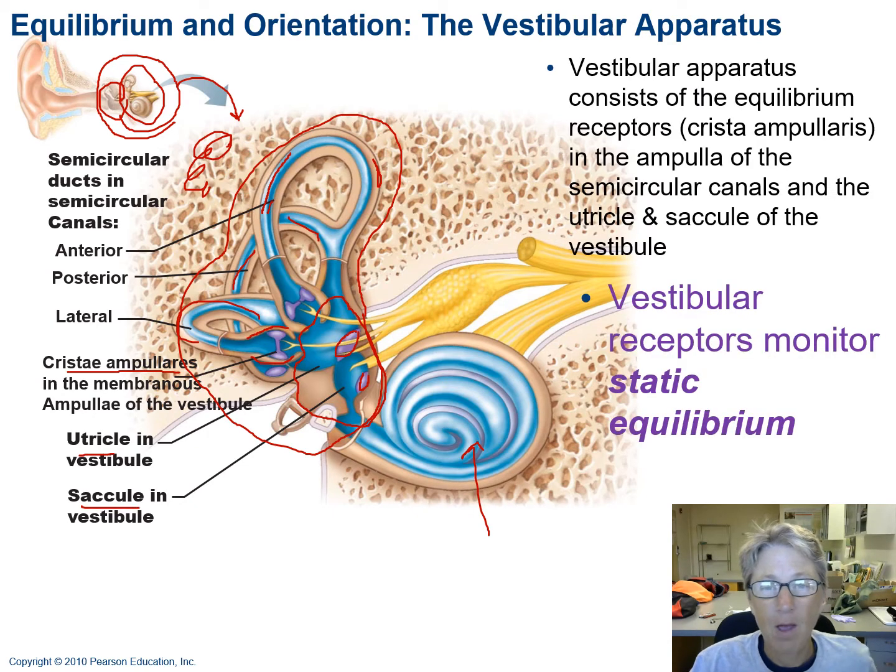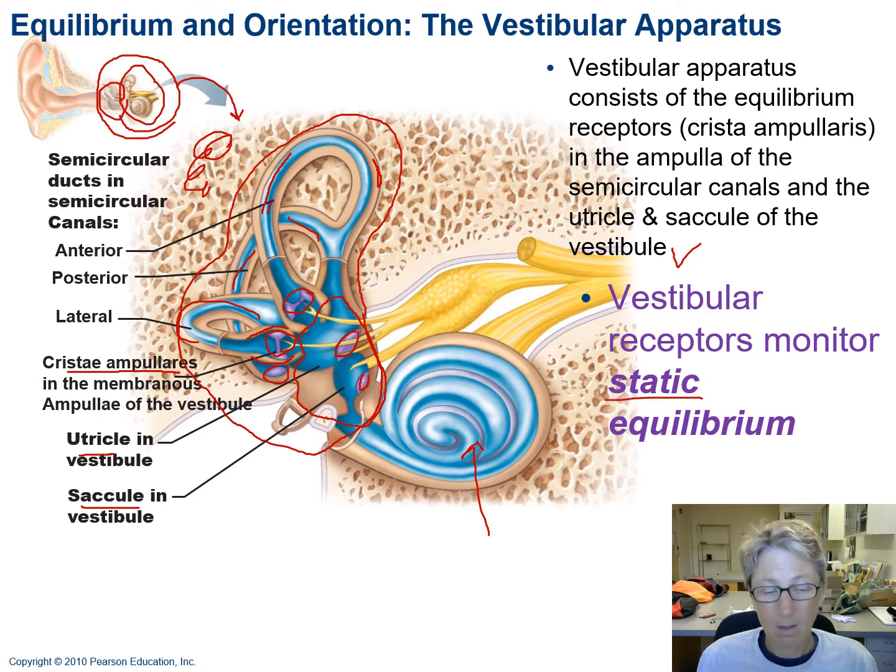So the vestibular apparatus then consists of equilibrium receptors in the ampulla. We talked about those. There's 1, 2, 3 equilibrium receptors in the ampulla of the semicircular ducts in the canals. And then there's the utricle and the saccule of the vestibule. So the vestibular receptors monitor static equilibrium.